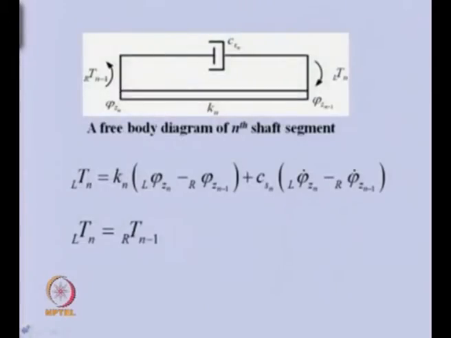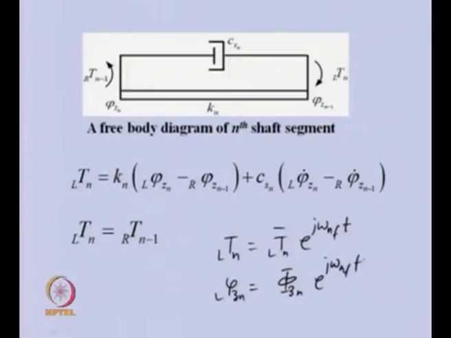Again, once we take the solution for all the torque and the response, if we express them for free vibration like this, or even the angular displacements, and substitute this in this equation, we can get the torque.